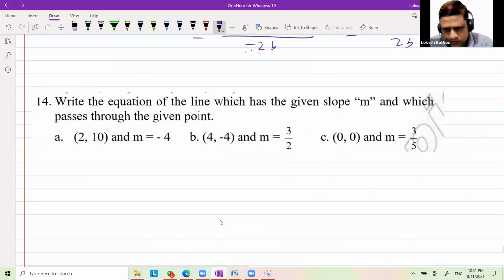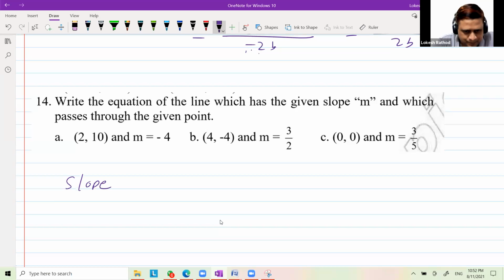The slope is given, then that line is given. It's not in fact the general form of line. It's in fact known as the slope intercept form of line, or rather, I can say point slope form. Point slope form, sorry.